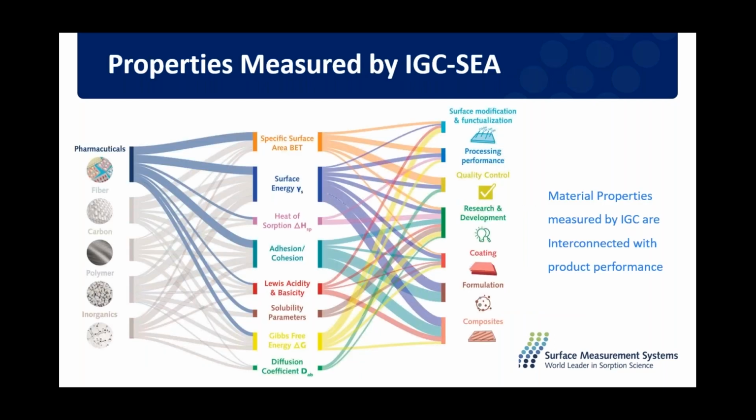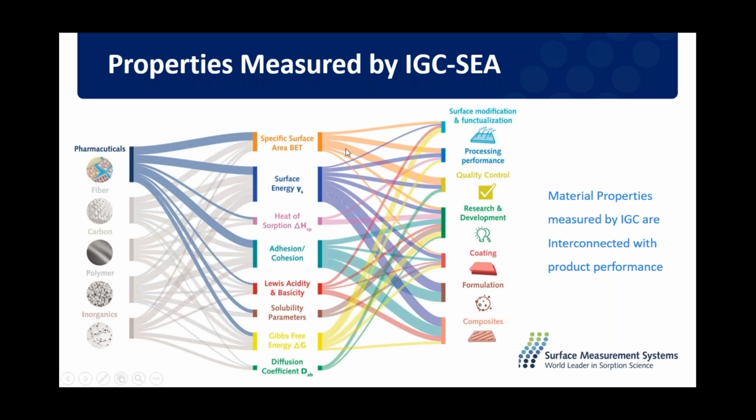The inverse GC and the IGC SEA can measure a wide range of physical chemical properties, as the alluvial diagram shows here. These are interconnected very often with surface modification, research and development, quality control, formulation, and composites.